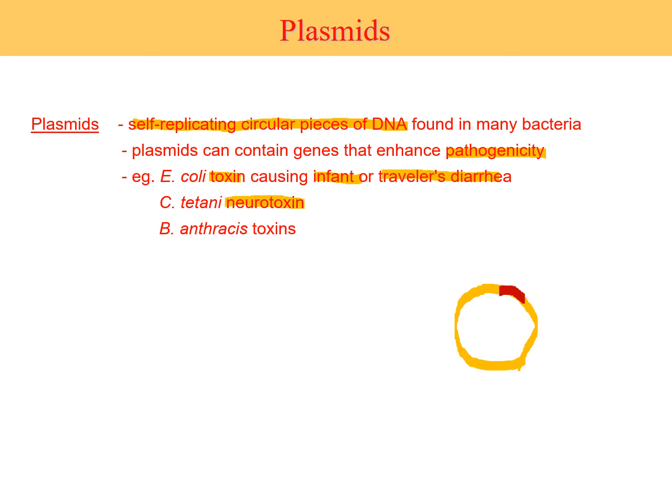And that neurotoxin also is expressed in a gene in a plasmid. Bacillus anthracis is the organism that causes the disease anthrax, and the toxins associated with that pathogenic effect of the organism, the process of the disease anthrax, are also expressed in plasmids.